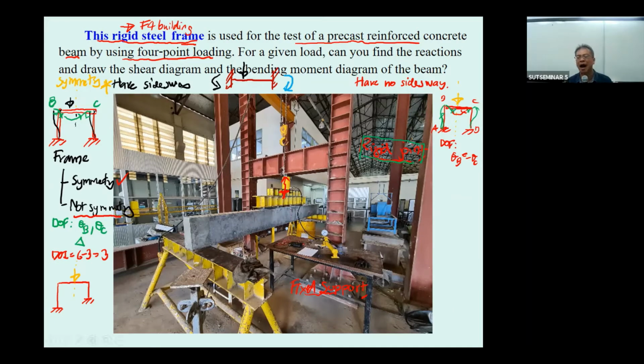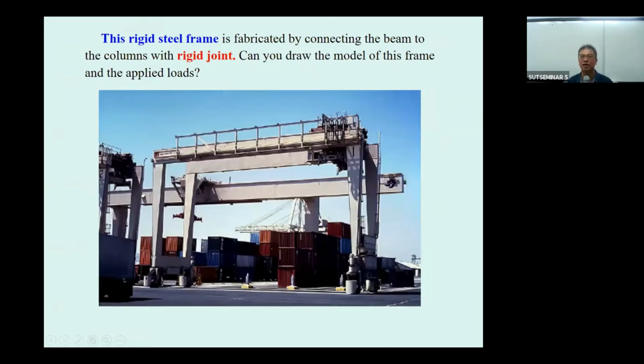And then I should tell you that in the scope of this course, first, we will have this kind of frame. The second, we will have this kind of frame. Okay, and then let's move to another steel rigid frame. You may see this kind of rigid frame in the port, near the seashore.